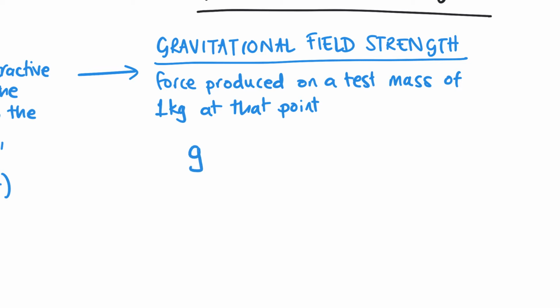We use the symbol g, and that's a lowercase g. And in fact, you've met this before. In the equation, weight is equal to mass times g, the acceleration due to gravity. That's the same value here. So g is equal to the force produced on 1 kilogram of mass. So the force per unit mass, which means we're going to divide it by m. From this equation, that tells us then that our units for g can be written as the Newton per kilogram.